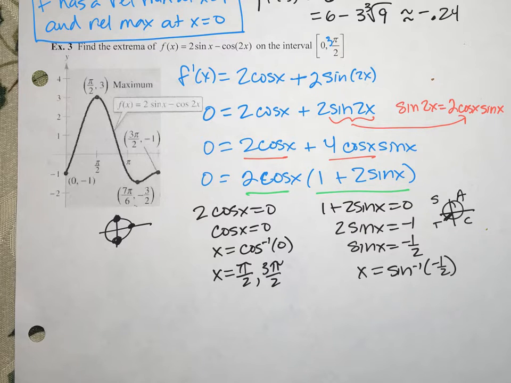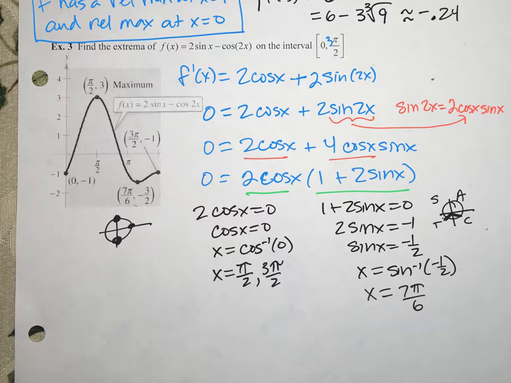So here and here, this would be 7 pi over 6, and over here would be 11 pi over 6. Well, this angle is not even in our interval. Remember, our range only goes from 0 to 3 pi over 2. So right here at 7 pi over 6 is the only place in our interval where we would get a 0 for the derivative. So x is equal to 7 pi over 6.